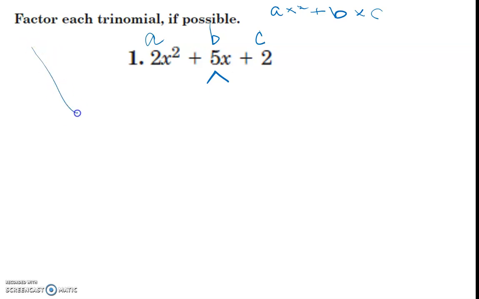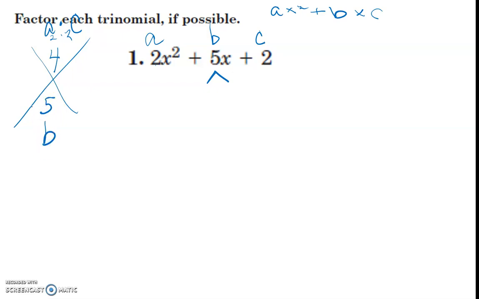So my trick is to make this little x here. And the top of the x is always going to be the product of a and c. So what is a? A is 2, c is 2, so that's 2 times 2, which gives me 4. The bottom number will always be the b.